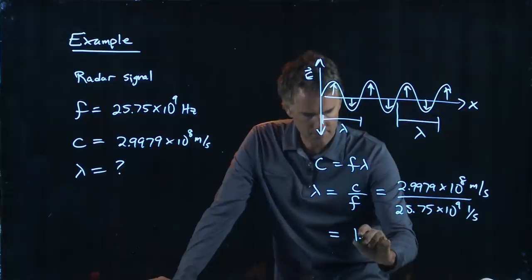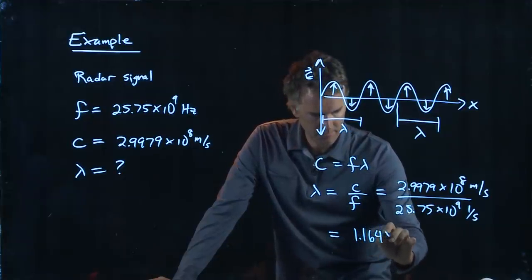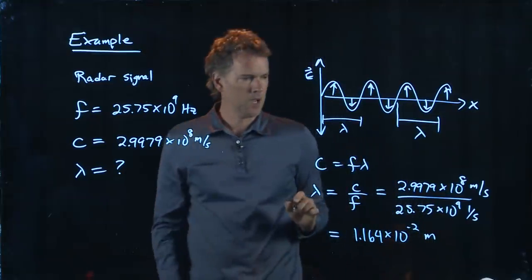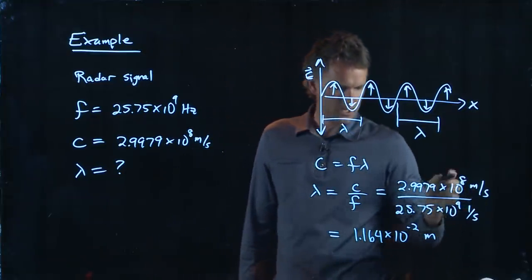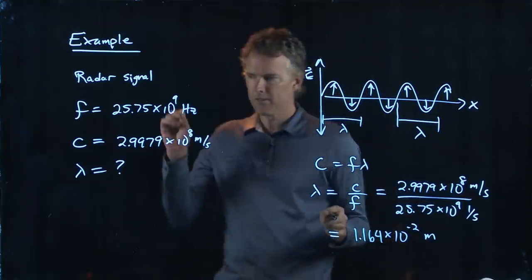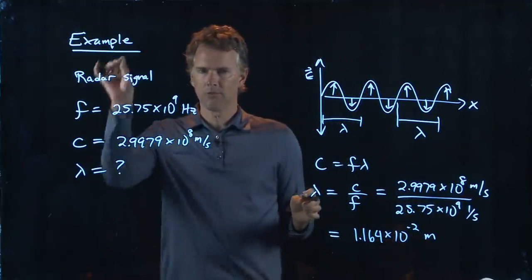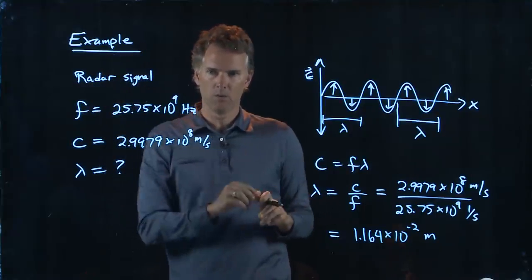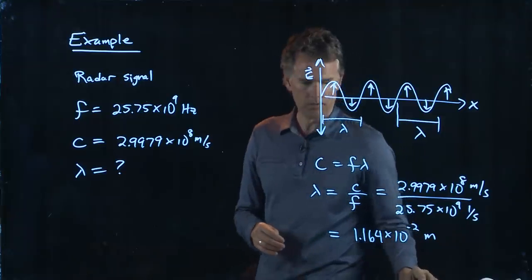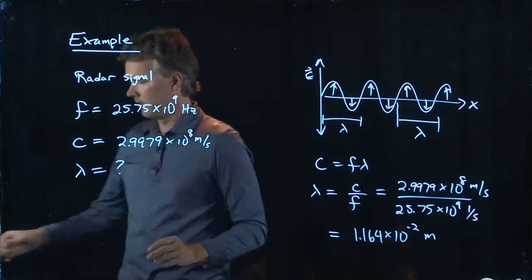1.164 times 10 to the -2. Okay, and the units are meters. The per seconds are going to cancel out. 10 to the -2, that sounds good, right? That sounds like radio wavelengths. Why does it sound like radio wavelengths? Because it's centimeters.